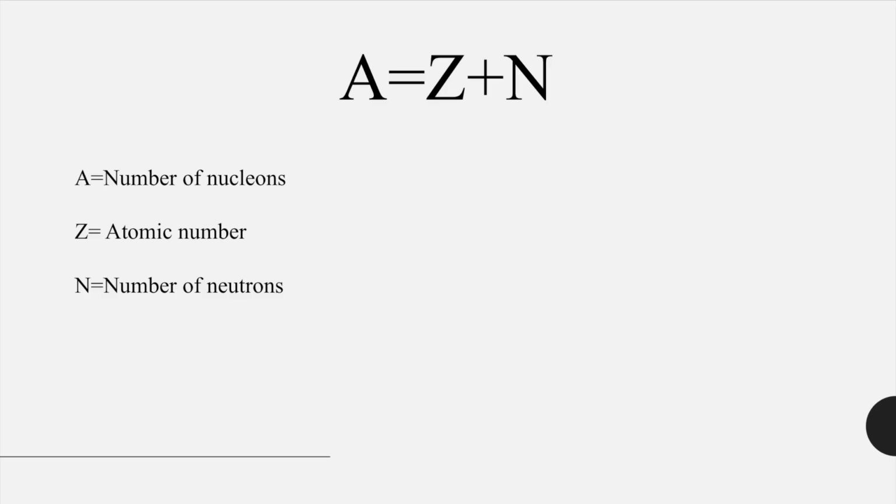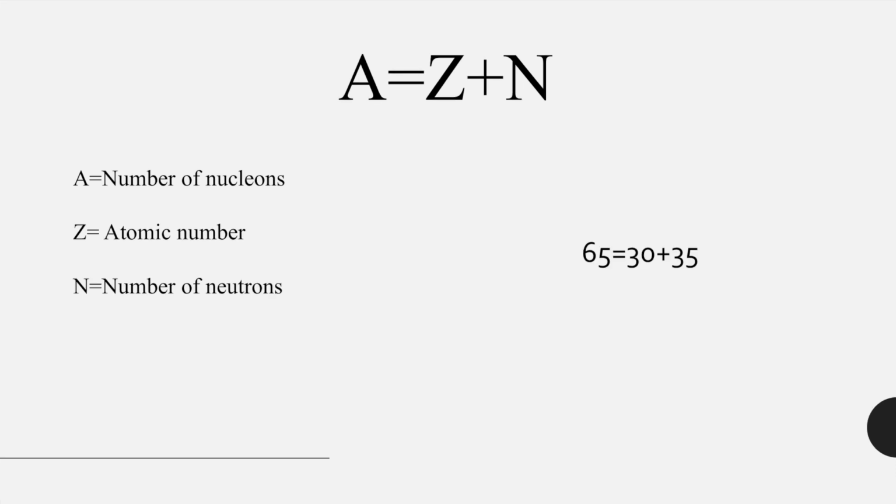By using the formula A equals Z plus N, where A equals the number of nucleons, Z equals the atomic number, and N is the number of neutrons, we can calculate the number of nucleons in zinc. We can replace Z with 30 because we already know that zinc's atomic number is 30, which also means that there always will be 30 protons in a zinc atom.